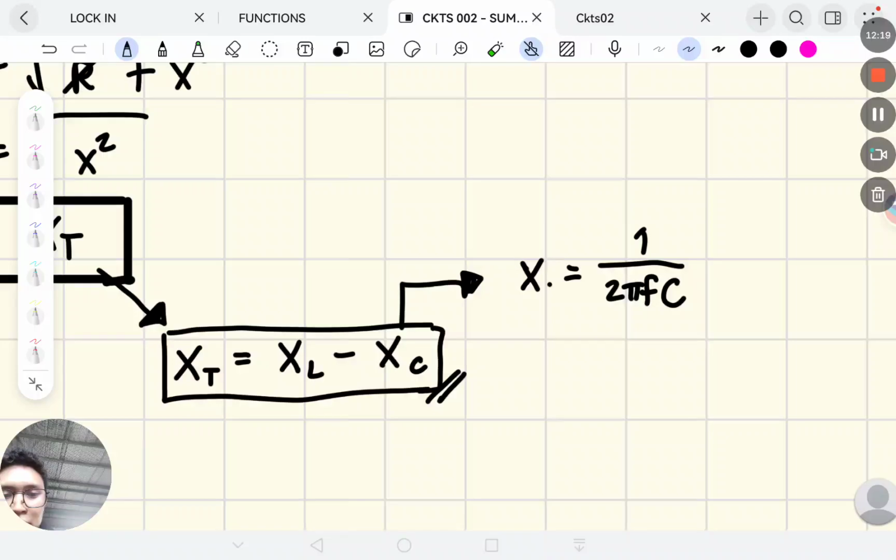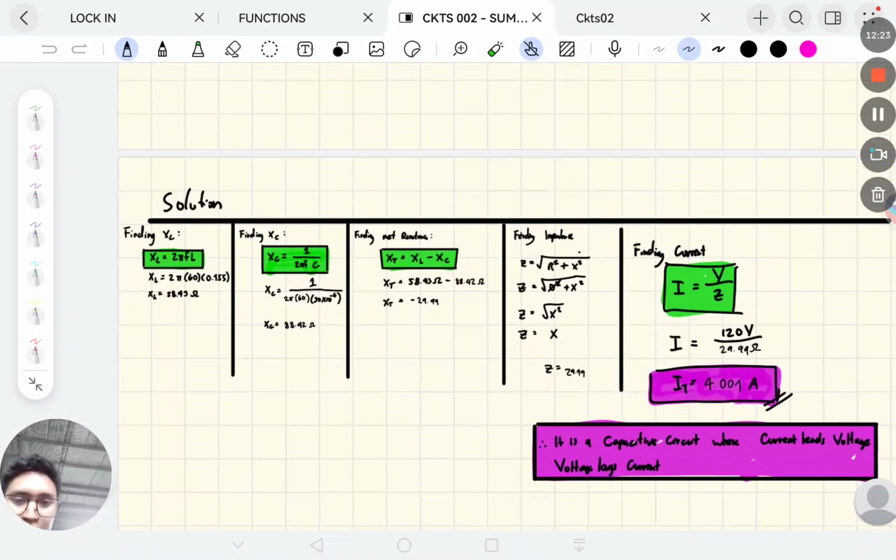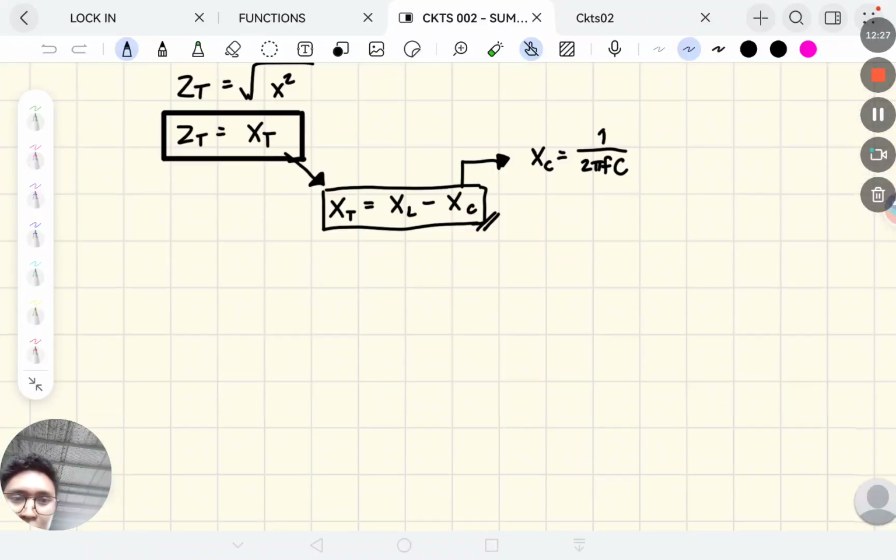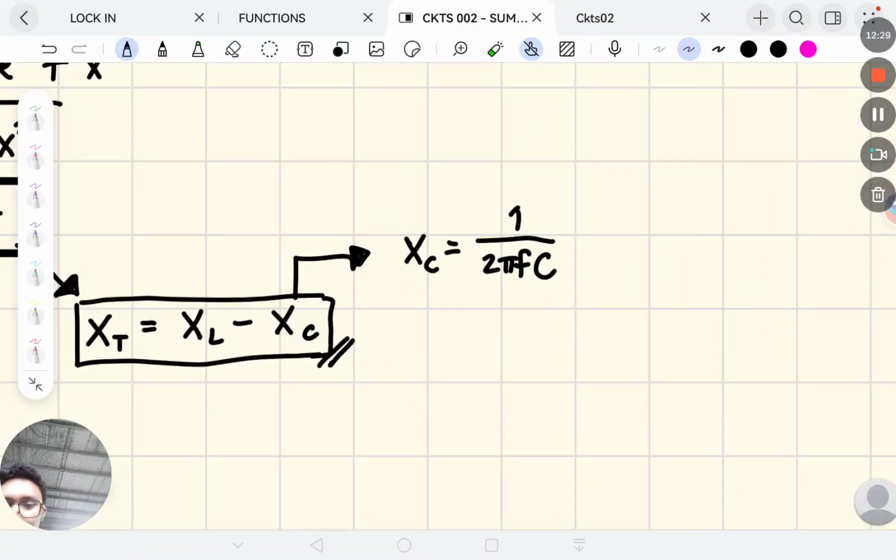Capacitance pala ito. Tama, capacitance. Right? Capacitance. Oh yeah. Capacitance yan. And XL is equivalent to 2 pi f L.